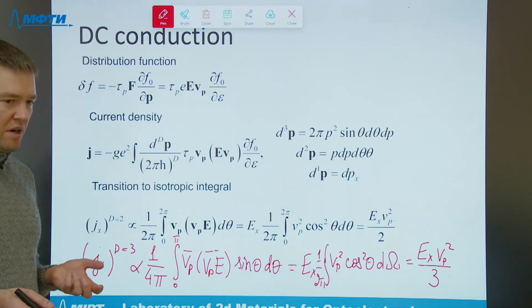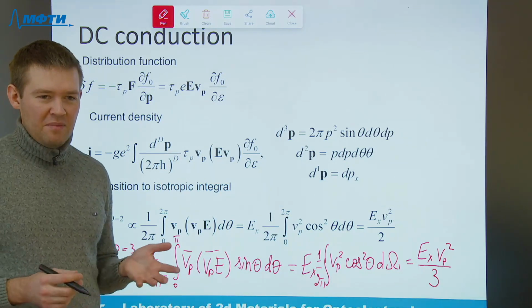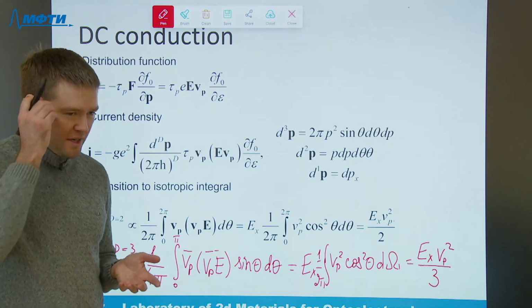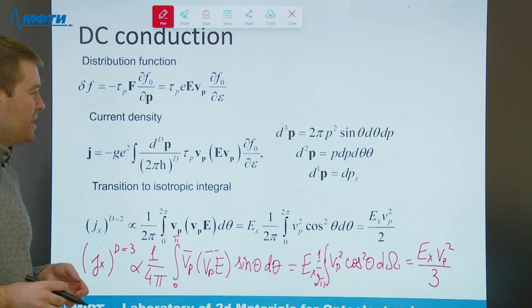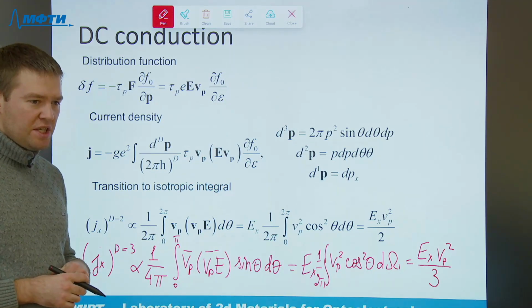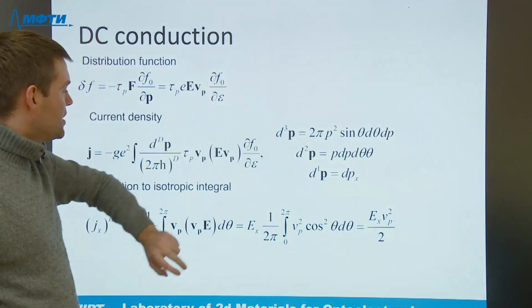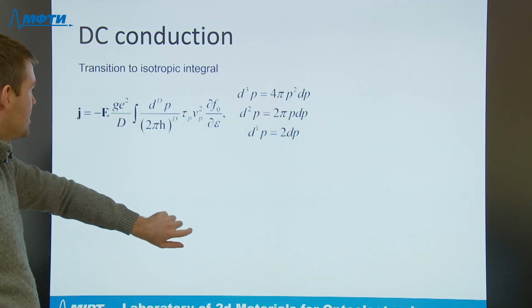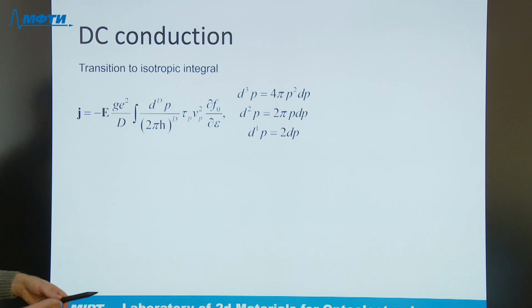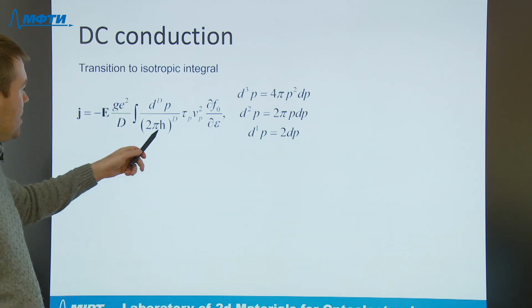And this rule is very general. It can be proven for abstract dimension. Unfortunately, our dimensions are limited to 3 only. So after we did this averaging, the evaluation of conductivity becomes equivalent to evaluation of a very simple isotropic integral.